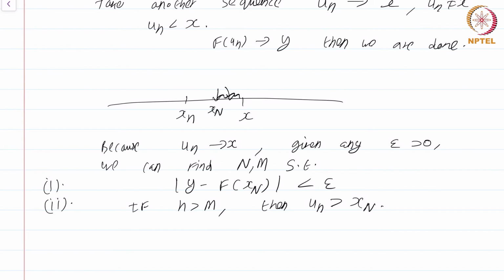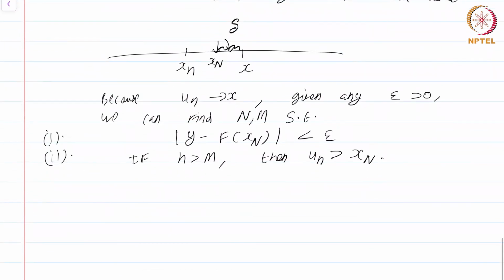Call that distance delta. For this delta, there is a corresponding n delta, which I'm just calling capital M. All I'm doing is, since un converges to x, I can force it to be greater than x capital N for suitably large small n. That's what I have written down.